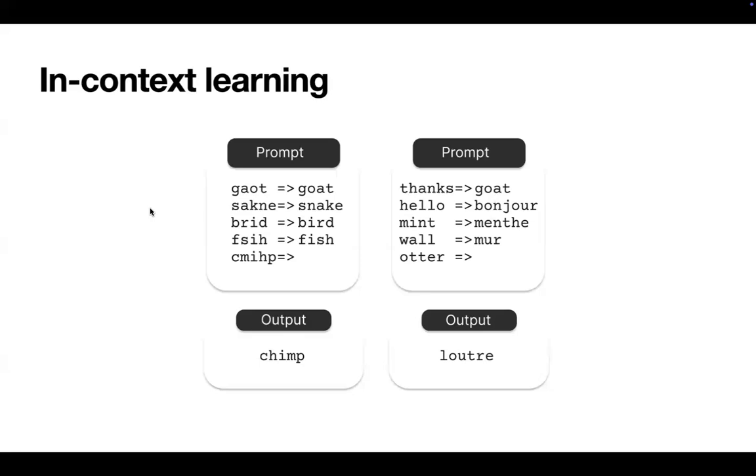This is an example from GPT-3, and the model can correctly perform the task of fixing the typo. On the right side, we consider another task of translating English to French. Similarly, we provide four in-context demonstrations, then a query at the very end, and it can also correctly perform the task.